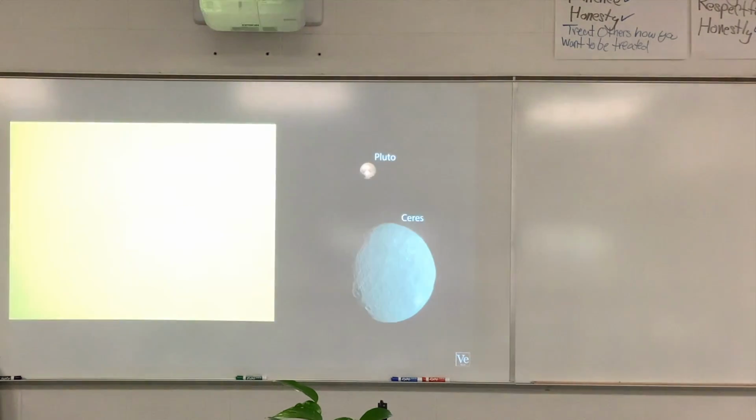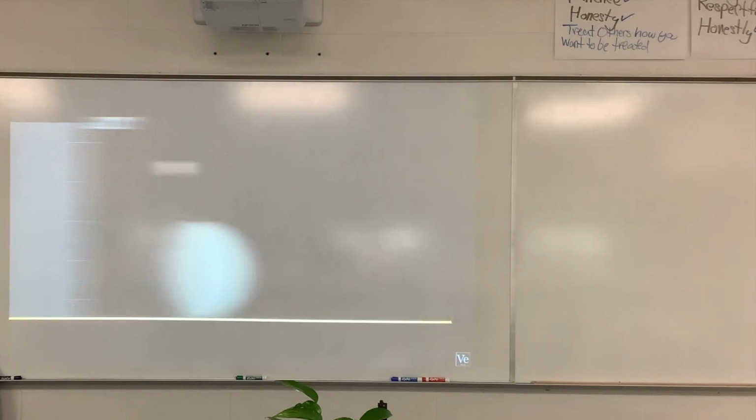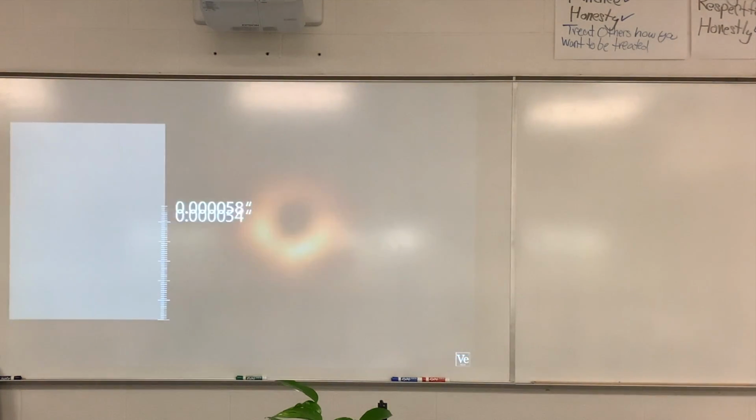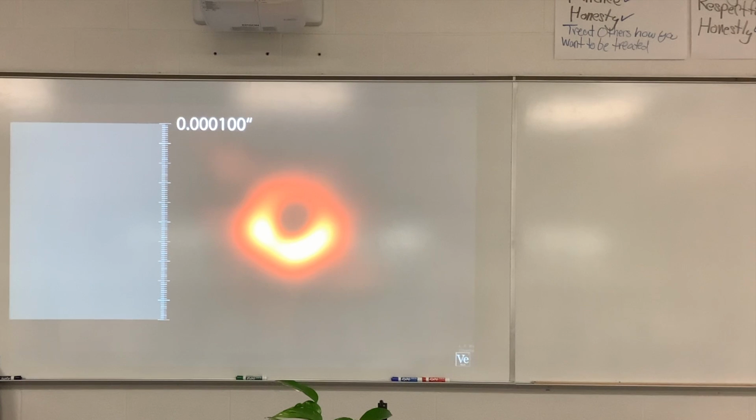Divide an arc second into 100, and into 100 again, and into 100 once more, and that is the size of the black hole shadow, only about 40 micro arc seconds. It puts us at the very limit of what we are technologically capable of seeing. In fact, to get this sort of resolution, due to the basic law of physics, the diffraction limit, we needed a telescope the size of the Earth.